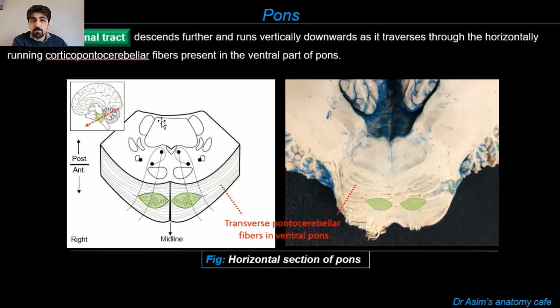The cerebral aqueduct, which was a narrow channel in the midbrain, has enlarged over here to form what is known as the fourth ventricle. The ventral part of the pons is characterized by these horizontally running fibers, which are known as the pontocerebellar fibers or the corticopontocerebellar fibers, and you can see the corticospinal tract descending down through these fibers.